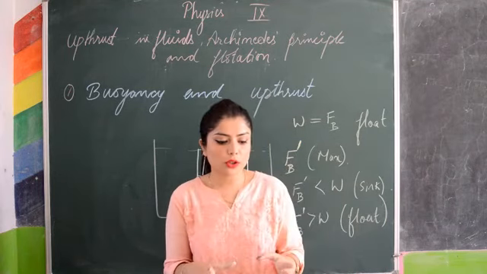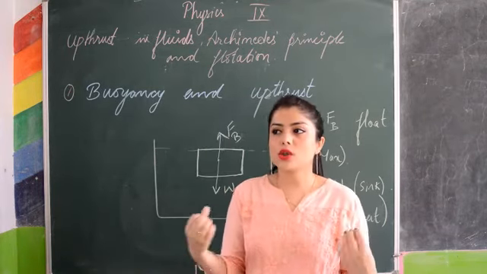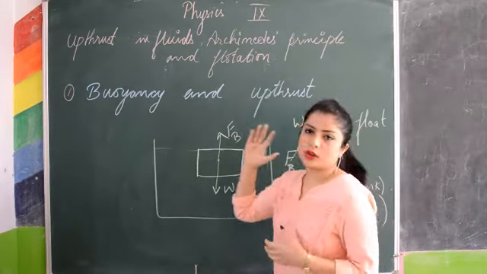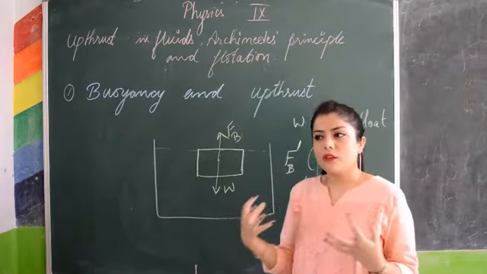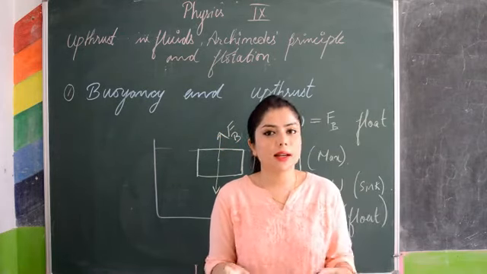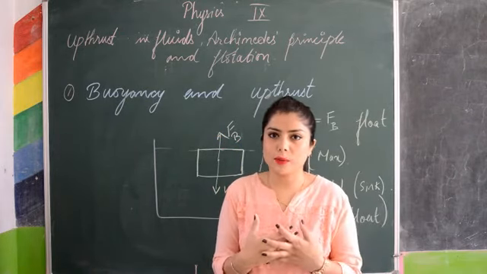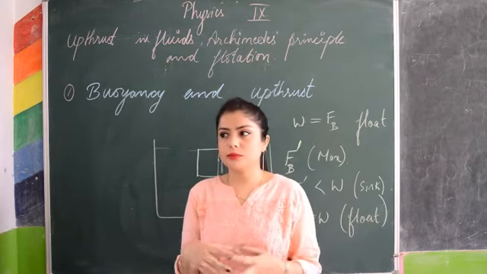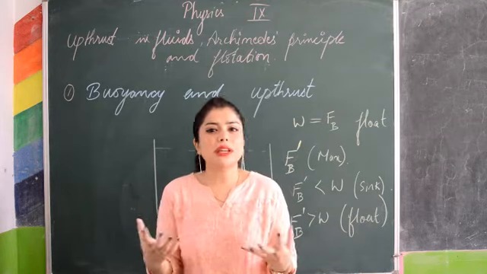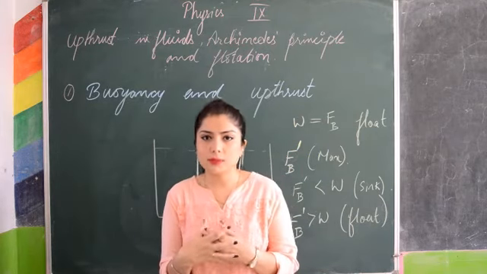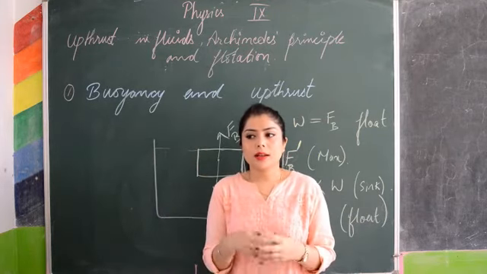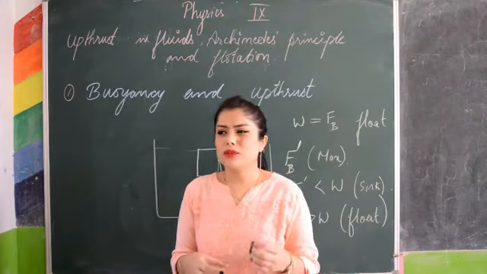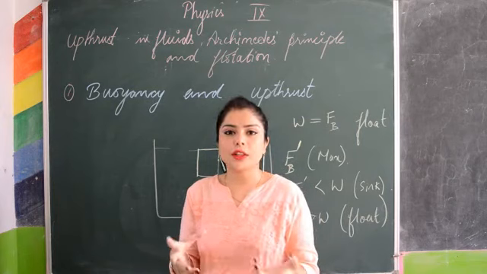The air is also exerting the force, the upthrust or the buoyant force, on every individual object which is in and around, like our body also. But because the weight of our body is huge compared to the force, we don't feel any upthrust.